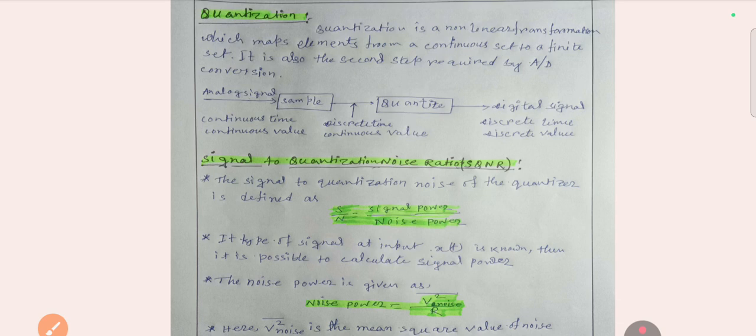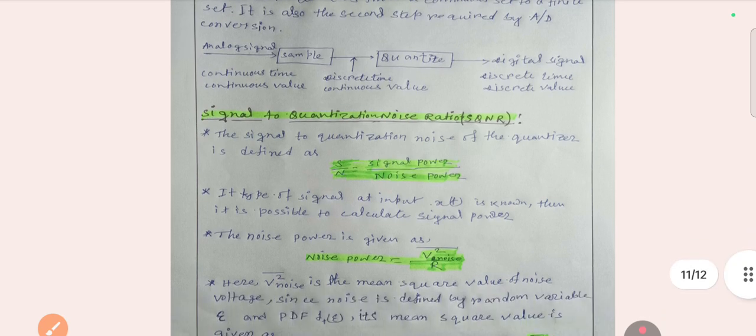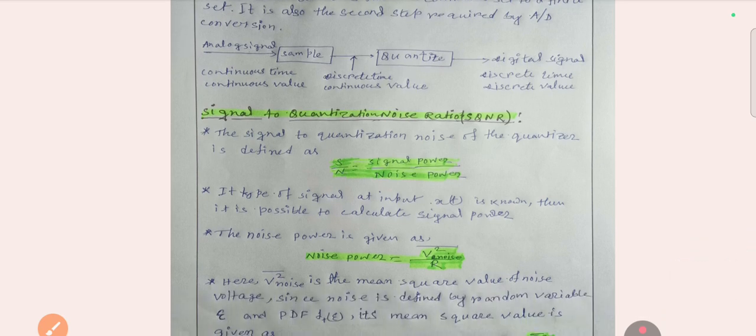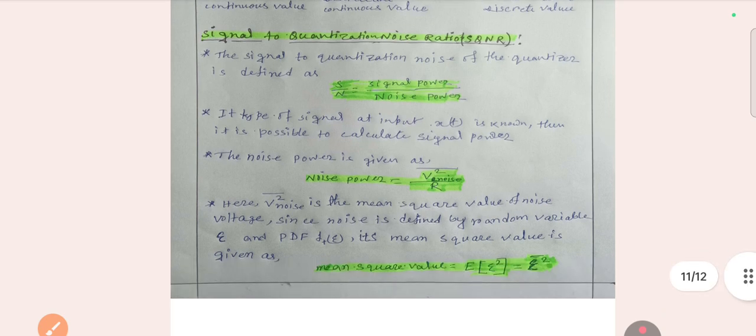The signal to quantization noise ratio of the quantizer is defined as S by N equal to signal power by noise power. If the input x of t is known, then it is possible to calculate the signal power. Then noise power is given as noise power equal to V noise square bar by R. Here V noise square by R is the mean square value of the noise voltage.